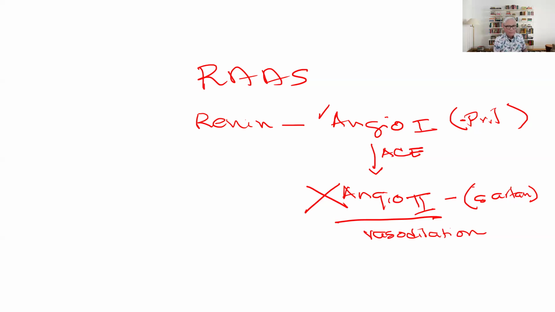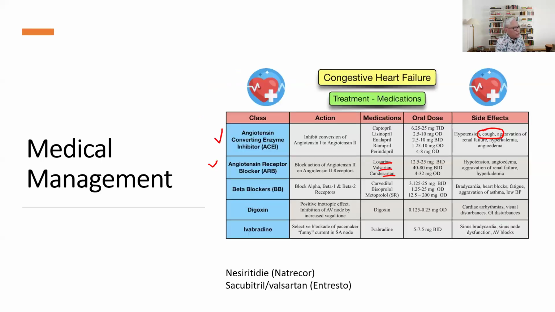Okay? Good point, Nazir. Thank you. All right. So your angiotensin II receptor blockers, which are your losartan, valsartan, candesartan, are going to be effective in the management of these patients.